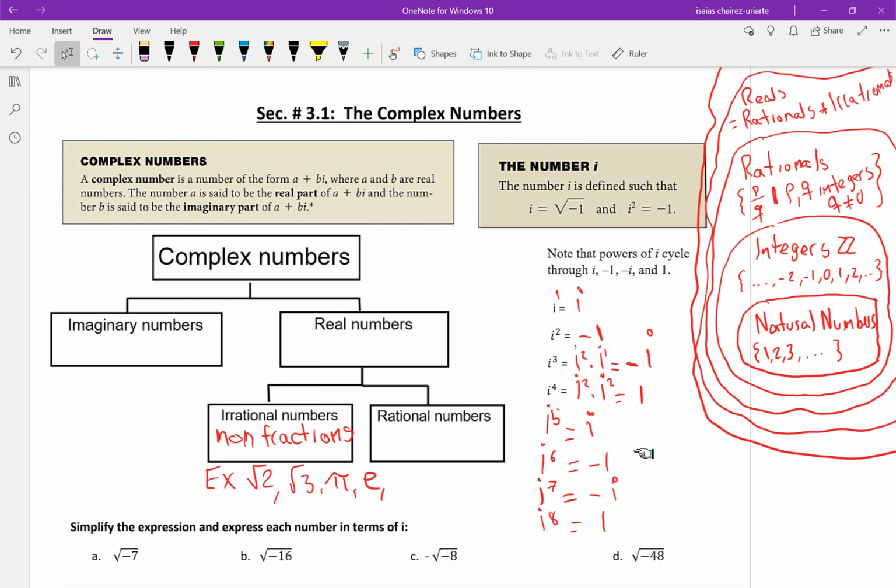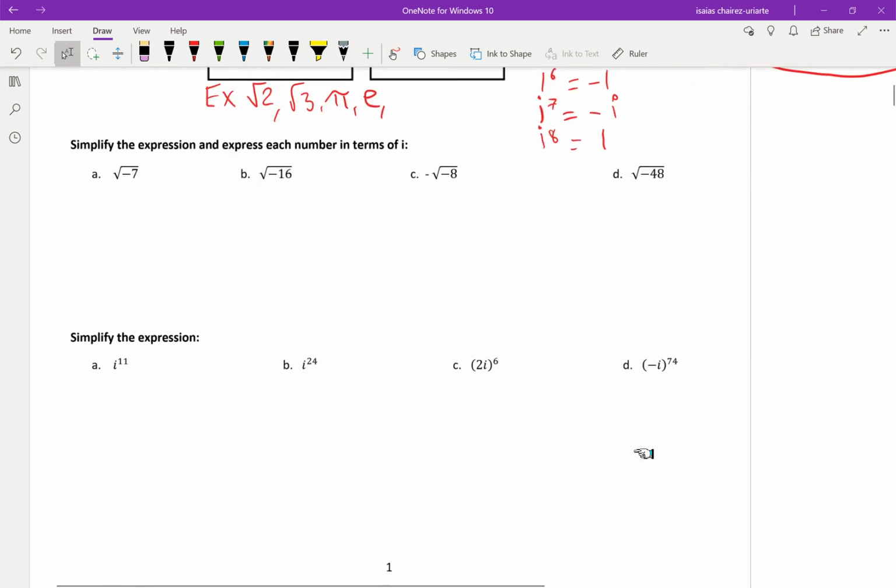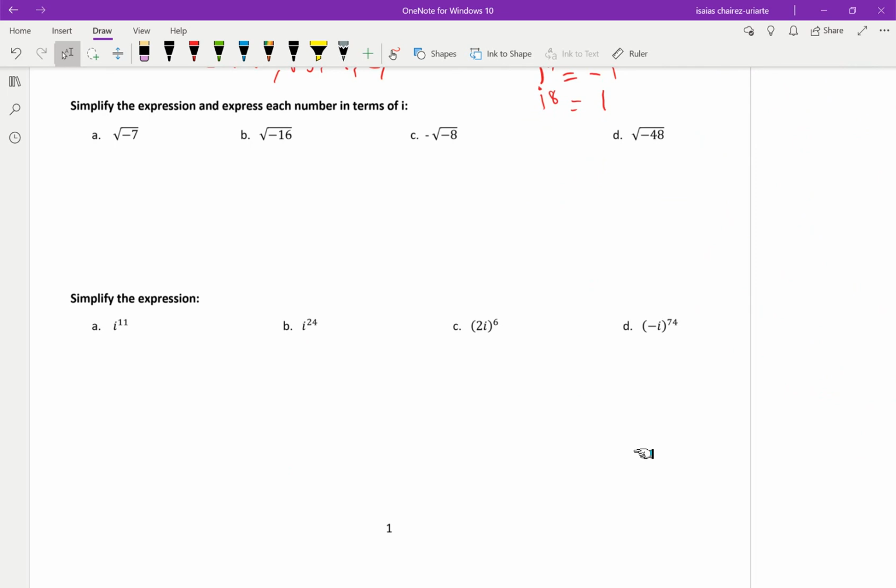So, okay, let's get into a little bit of arithmetic with complex numbers here. Alright, so let's begin by simplifying expressions, and not only simplifying them, but also using i in order to rewrite the expression. So I'll help you with the first one, and then you go ahead and try the other ones. So let's do A. In part A, I'm going to write down the steps that are happening in between.